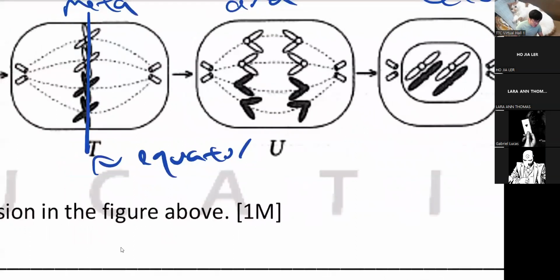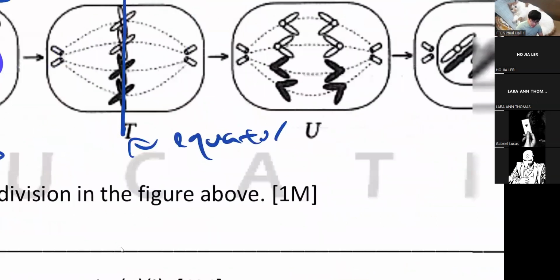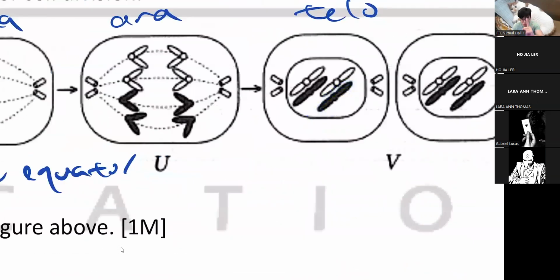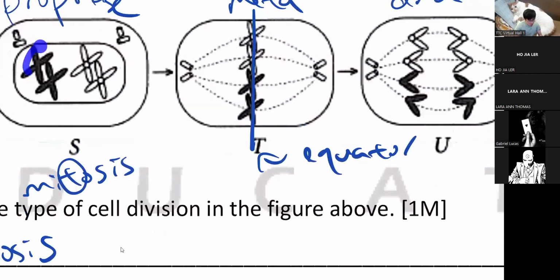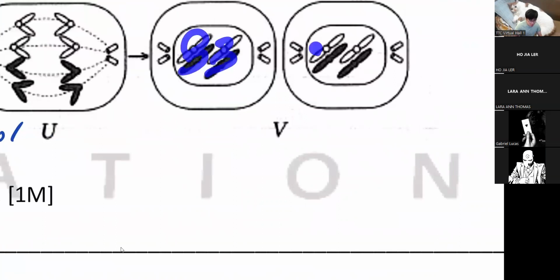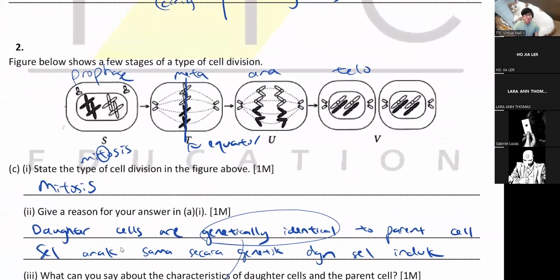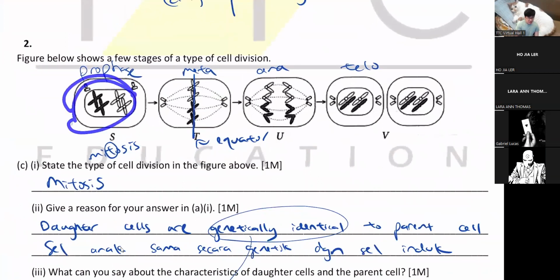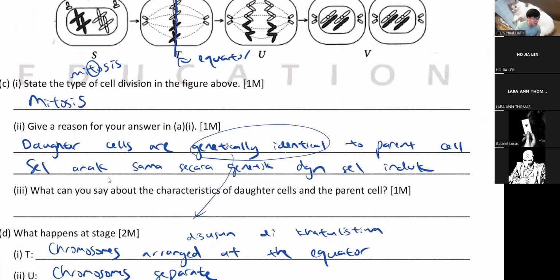I don't care. They are still counted as one chromosome. So 1, 2, 3, 4, there are still 4 chromosomes. 4 chromosomes in the parent cell, 4 chromosomes in the daughter cell. So I create the exact same cell as my parent cell. This is mitosis. Guys, please don't lose marks here. This is really simple.